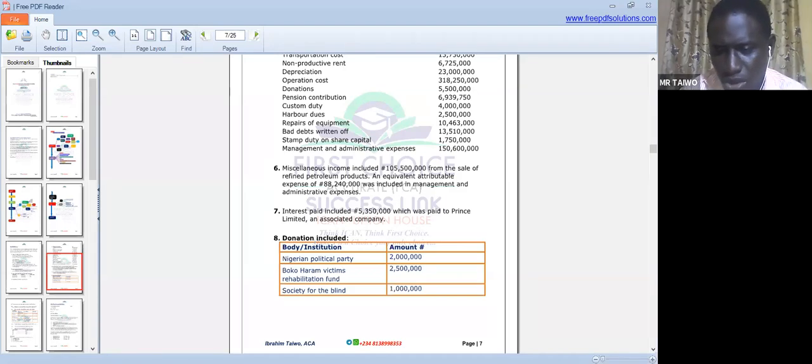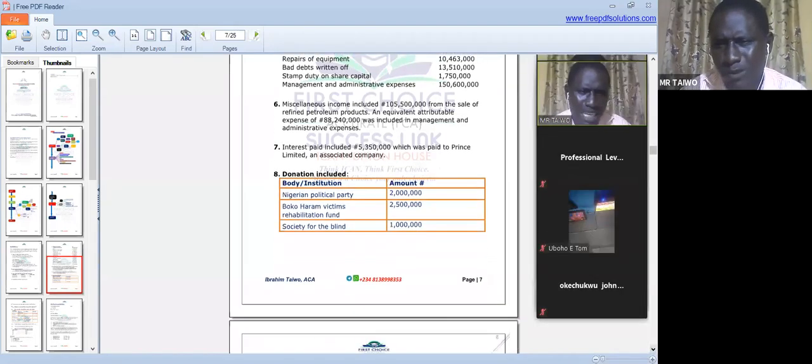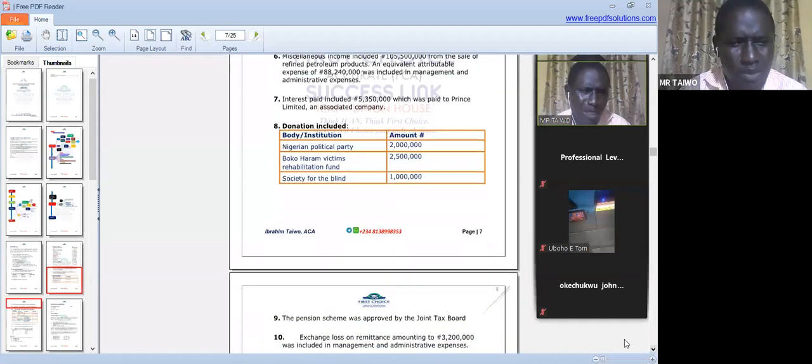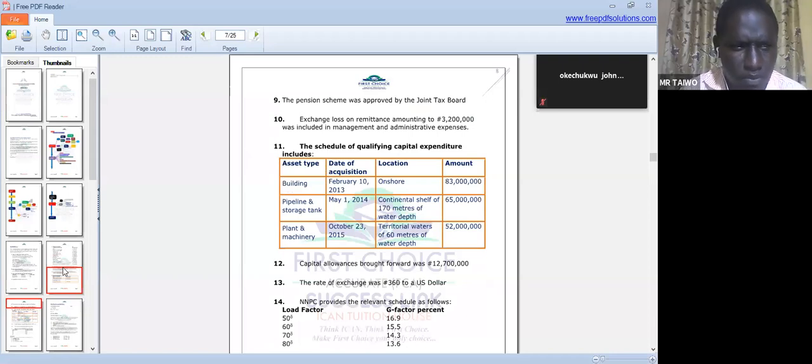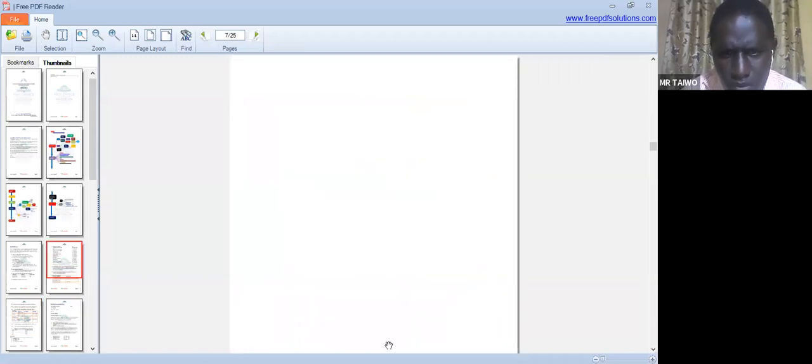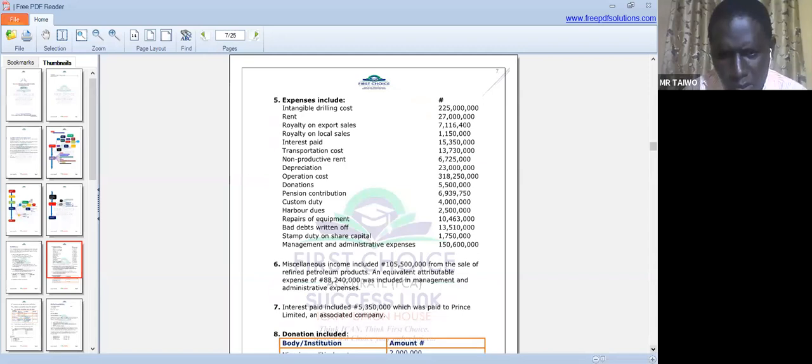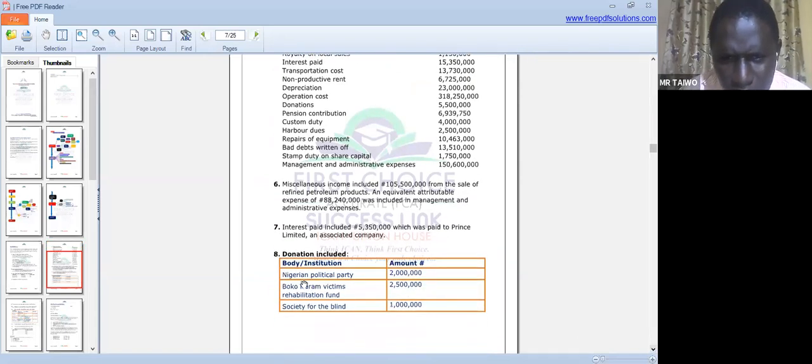Look at the donations. The donations will have to be those allowable by the tax authority. For the donations, the donation to a Nigerian political party is not allowable.